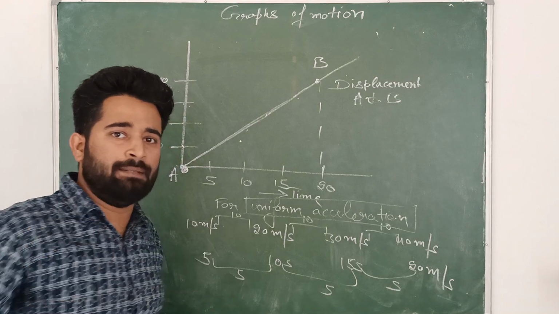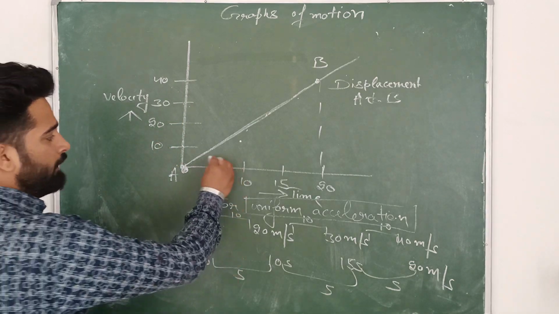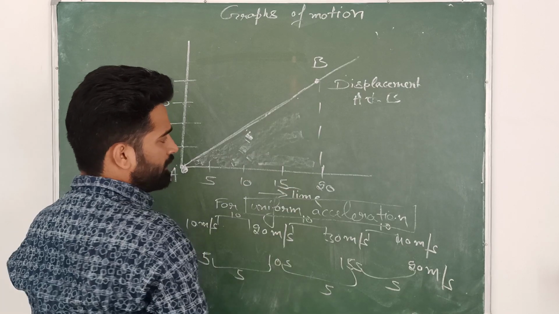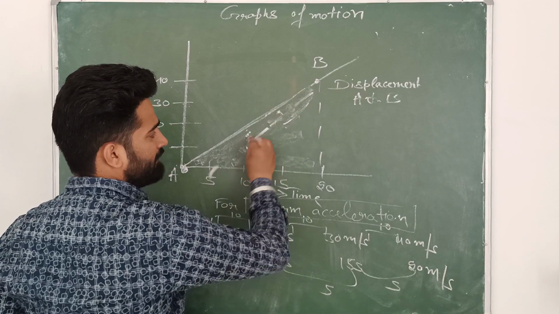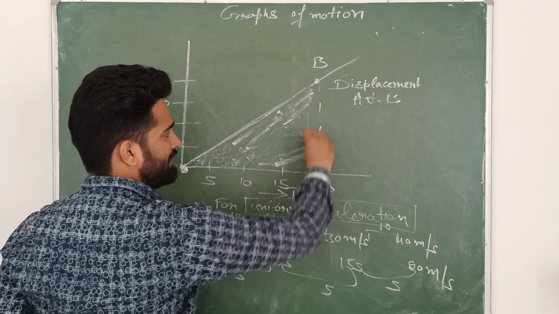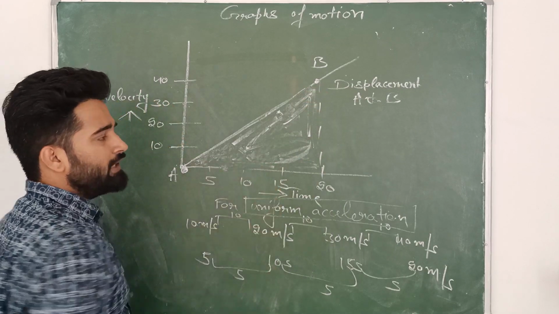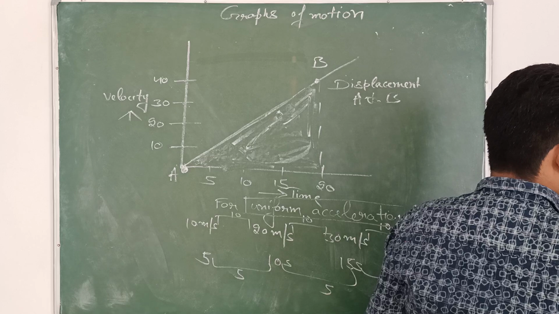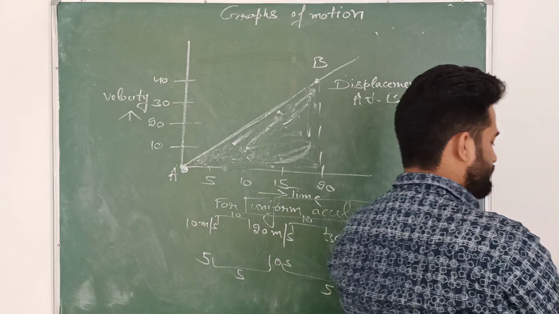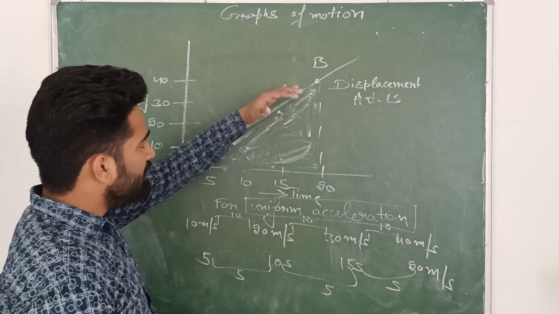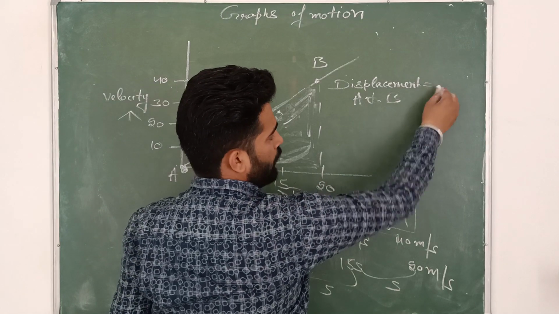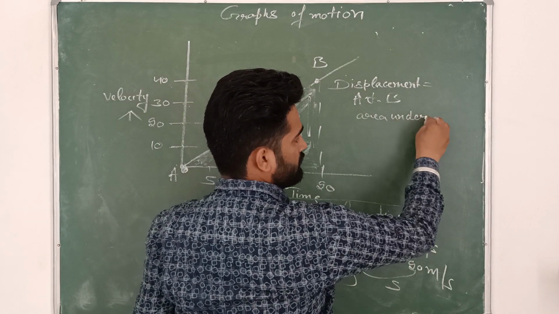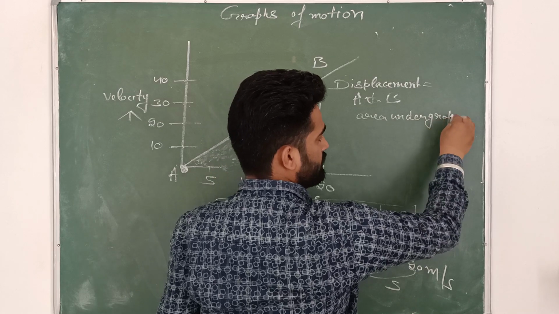Here is a different concept: you have to find the area under the graph that I have shaded here. This area you have to calculate, then you can calculate the displacement. So the method is to find the area under graph AB.